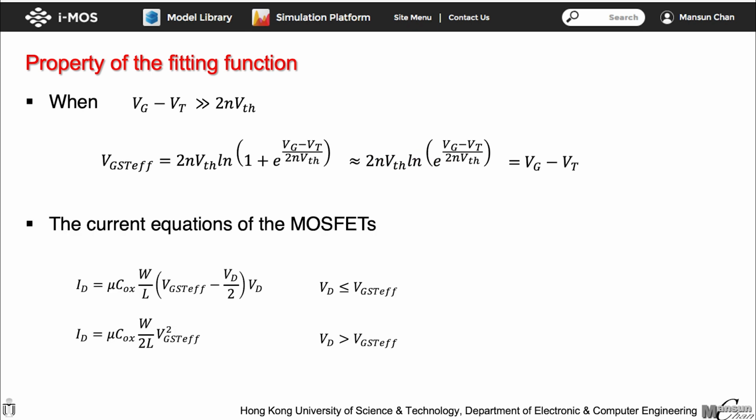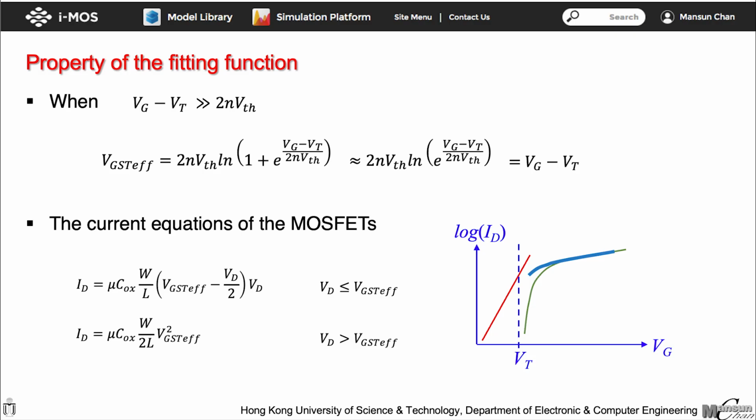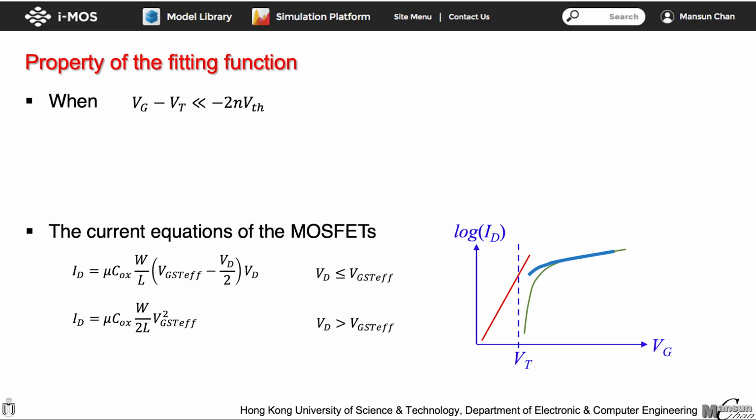The on-region current equations just give the value of the classical MOSFET model, as shown with the blue line in the given figure. When Vg becomes smaller than Vt, Vg minus Vt becomes negative, and it is on the other side of the line, Vg equal to Vt.